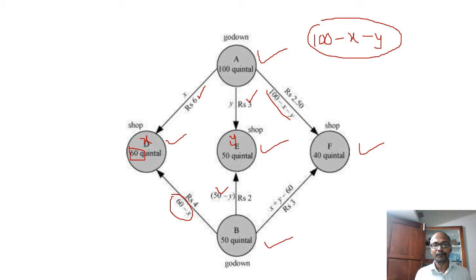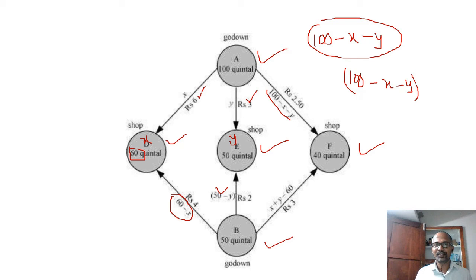Now from 100, this much has come. So what is the remaining? From 100 quintals, 100 minus X minus Y, these many quintals came from A to F.